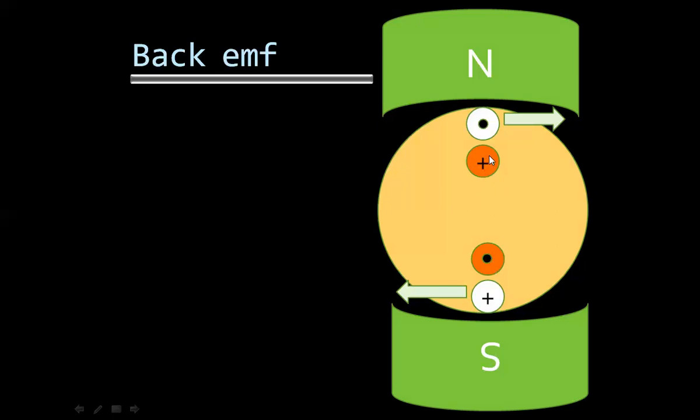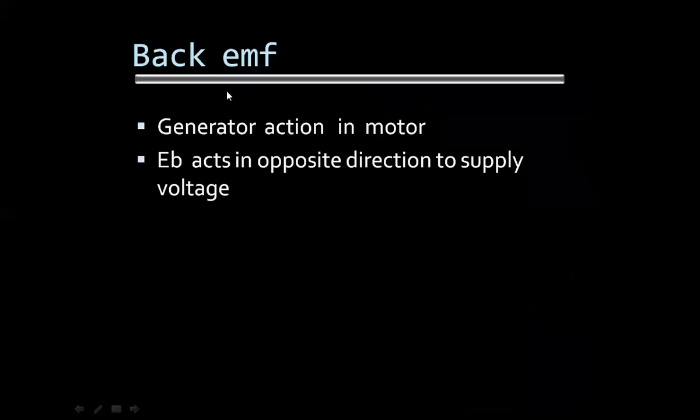So this orange conductor is actually the same conductor, but it is indicating the generator action. So we conclude that the motor voltage and back EMF act in opposite direction. Summarizing the point, back EMF is generator action in motor and back EMF EB acts in opposite direction to the supply voltage.